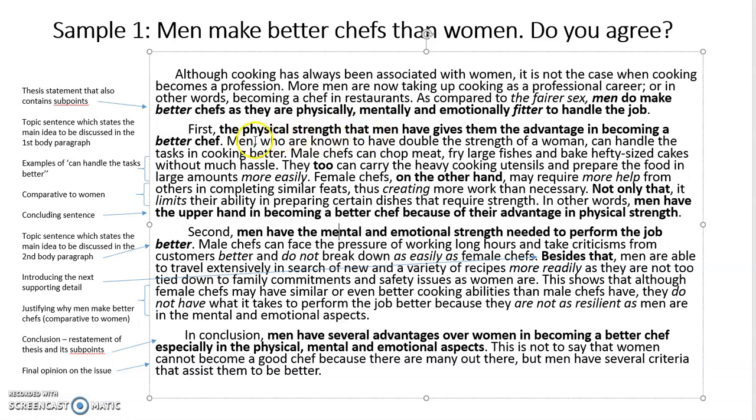So the first supporting detail is an elaboration of what was already mentioned in the topic sentence. And then afterwards you have a lot more explanation. Then after that you can add in examples depending on the way you write your essay.